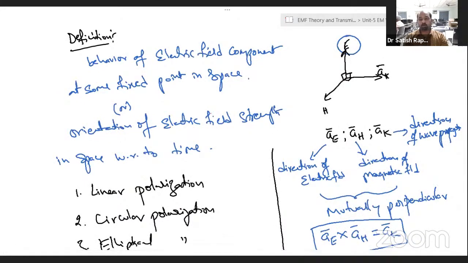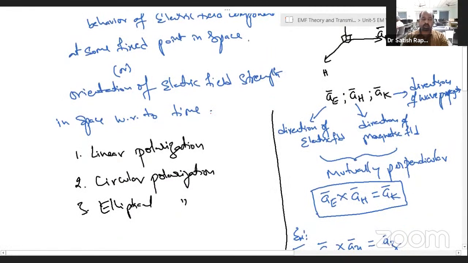How the electric field is changing in space is called polarization. Depending on how the electric field strength changes in space, polarization can be divided into different types: number one, linear polarization; two, circular polarization; and three, elliptical polarization.